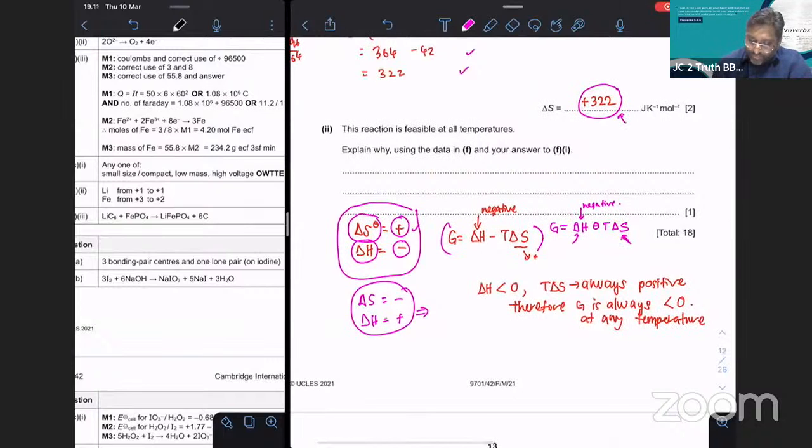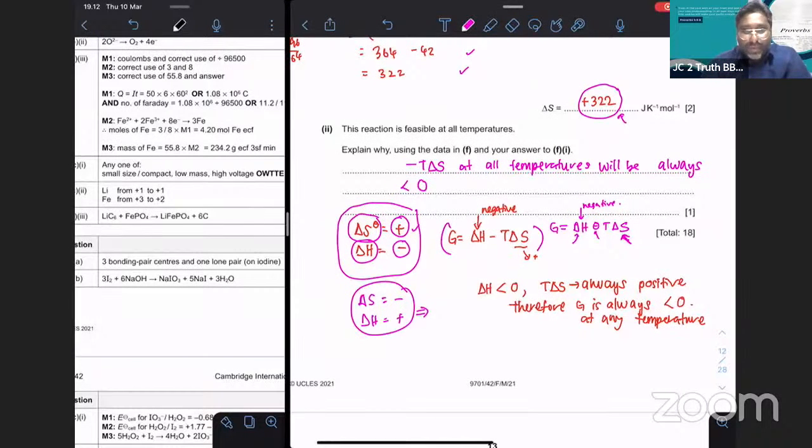So if this is positive, negative and positive, you see, it's always going to give you a negative value, or you can say the negative T delta S at all temperatures will always be less than 0. You can just write out like this.